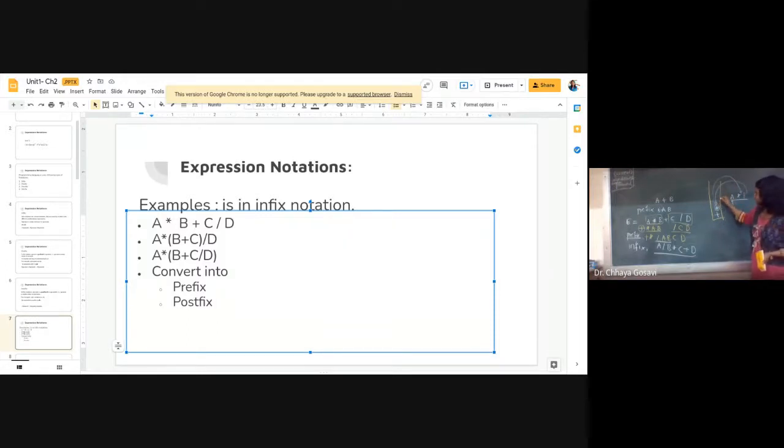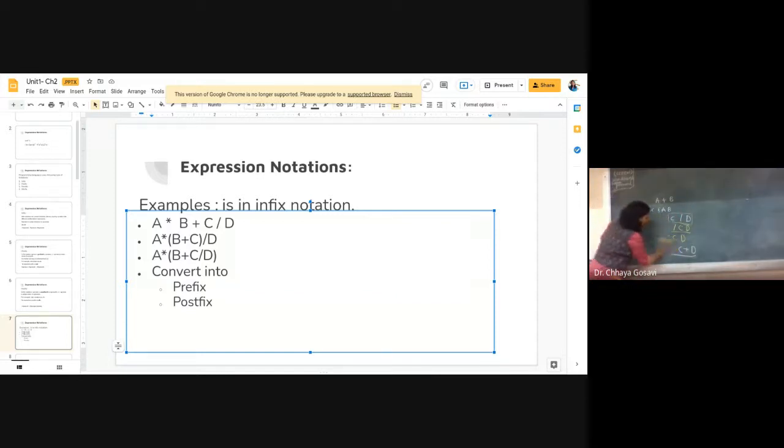Then add, again C is there, then you have slash and then C and D. So C slash D, and then you are going to perform the addition. About evaluation we'll talk about later. Let's see how to convert infix to prefix and postfix.